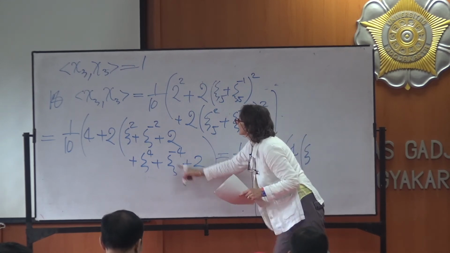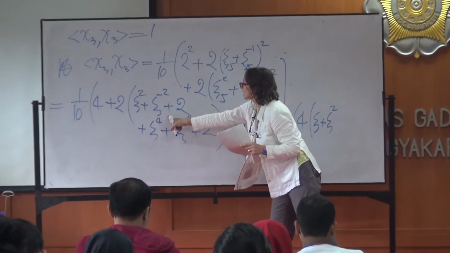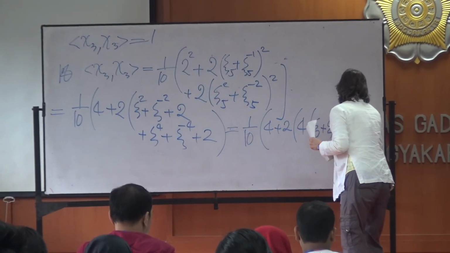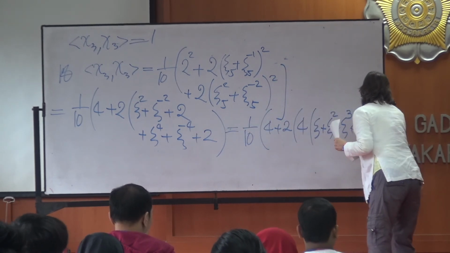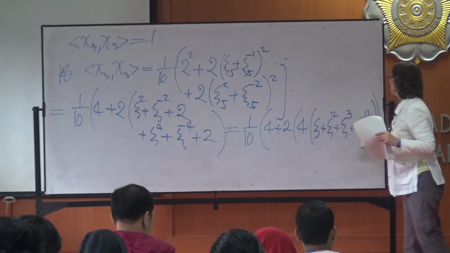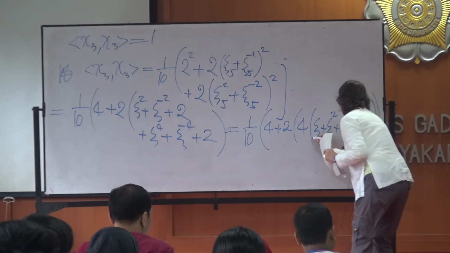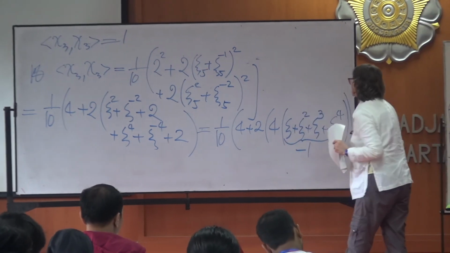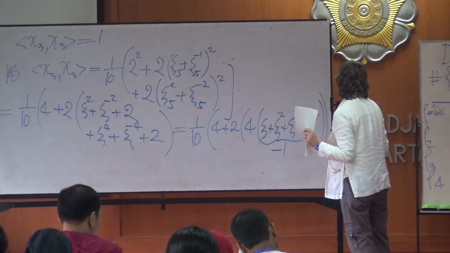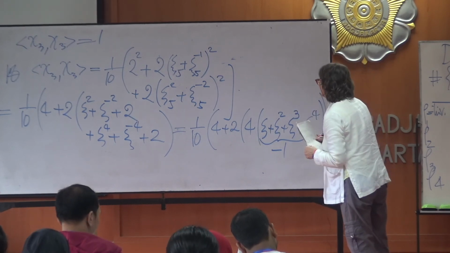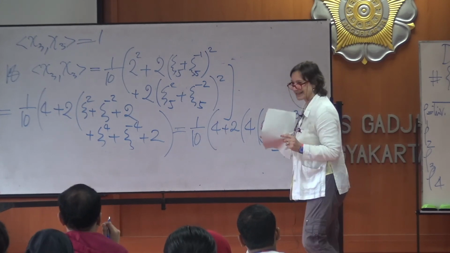Xi squared is here. Plus I have xi cubed. And then I have psi to the 4th. How much is this? Minus 1, right? This is minus 1. But I made a mistake somewhere.